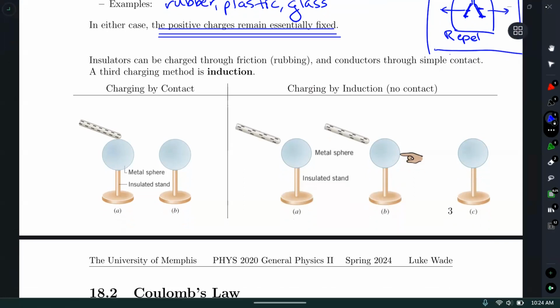Because it has equal amounts of positive and negative charges. So the positives are closer to the outside, and so the negative charges on the PVC pipe are basically pulling the negative charges away from the outside of the can, more away from the can.